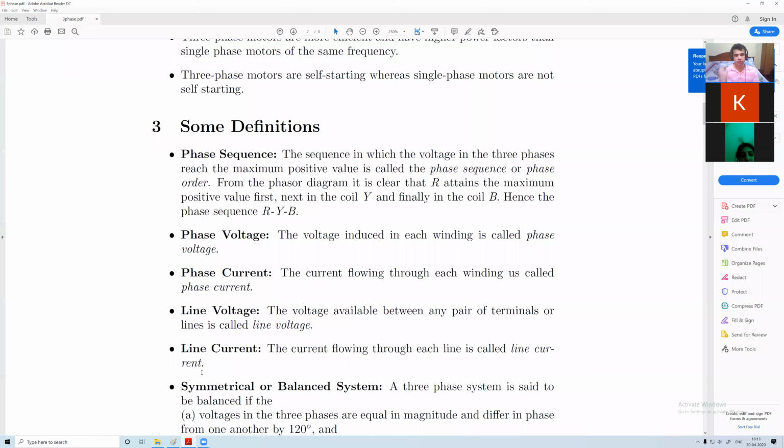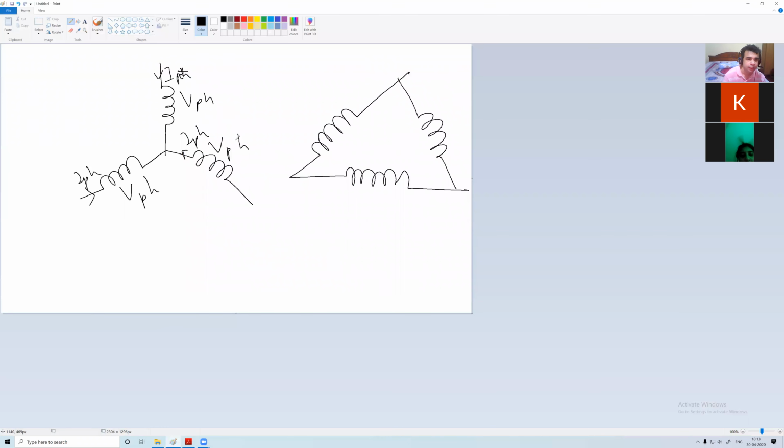Line voltage. The voltage available between any two terminals is called the line voltage. So what is the difference between phase voltage and line voltage? See here clearly that phase voltage is the voltage between red, N, yellow, N, blue, N. So phase voltage is the voltage between R and N, or Y and N, or B and N. So these are the phase voltages.